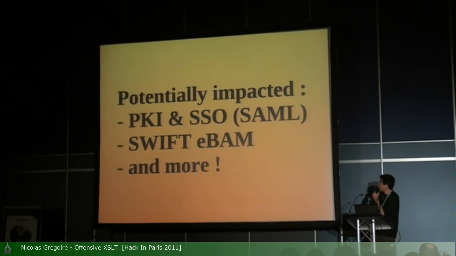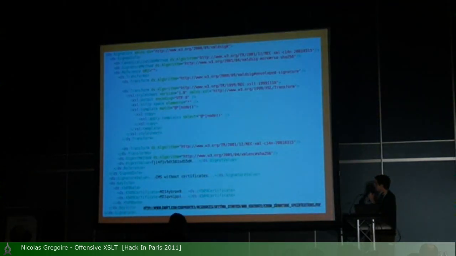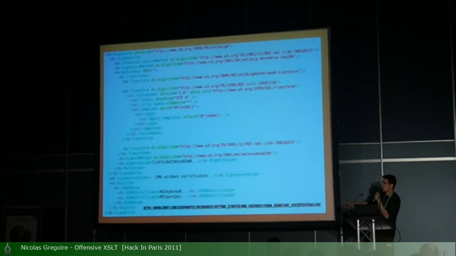We have SWIFT IBAM. IBAM is a protocol used by SWIFT to manipulate information between SWIFT partners. And when looking for some XML-DSig XSLT transformation, the only one I found was from the swift.com website.